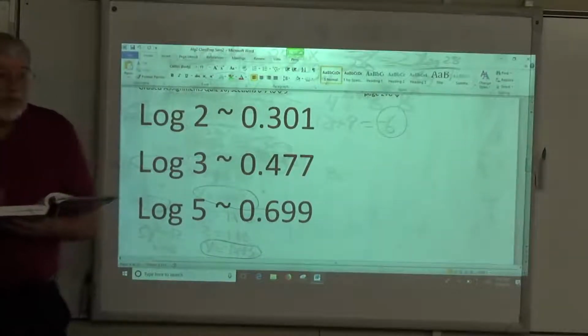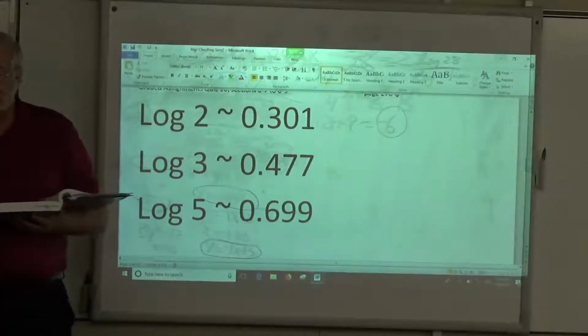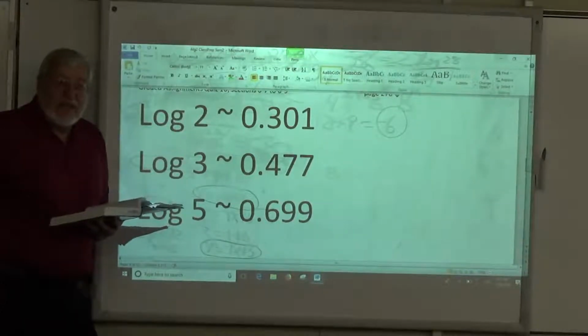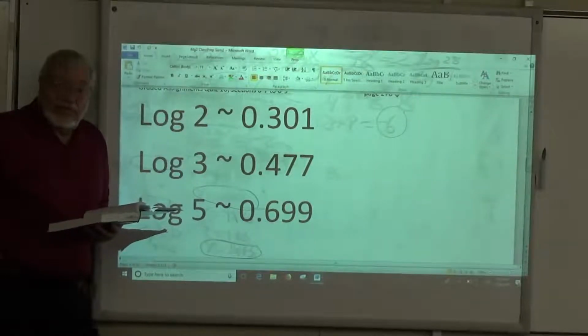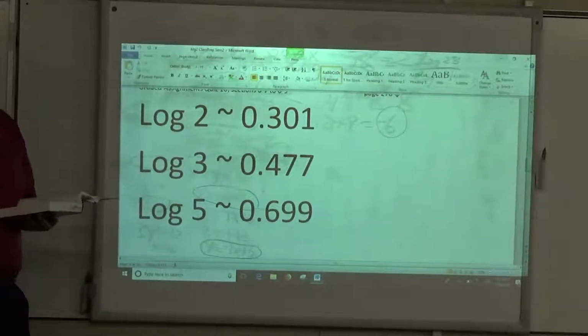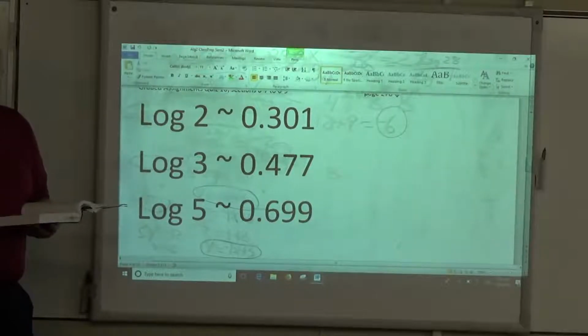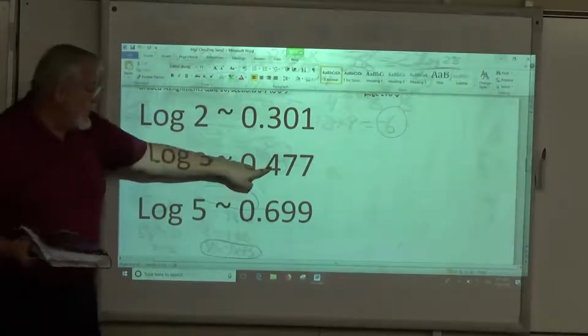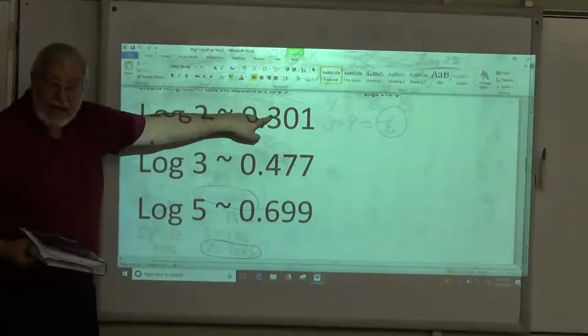Okay, what do you see in problem 11 on 279? It's log of 2/3, that's the log of 2 divided by the log of 3. So if the logarithms are divided, what do I do with the values? Subtract. So it will be this minus that.